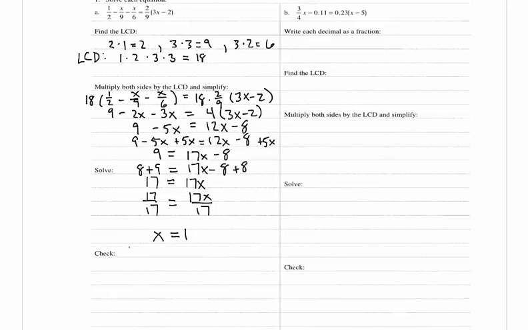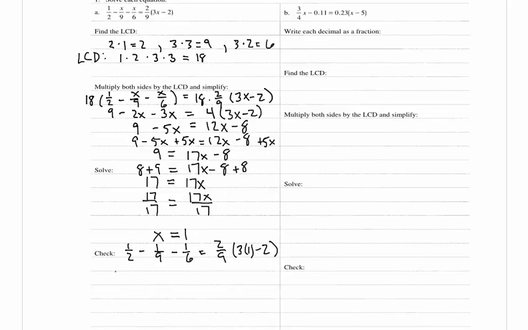So we have 1/2 minus 1/9 minus 1/6 is equal to 2/9 times 3 times 1 minus 2. And now I'm going to write all of our fractions with the common denominator that we found earlier.